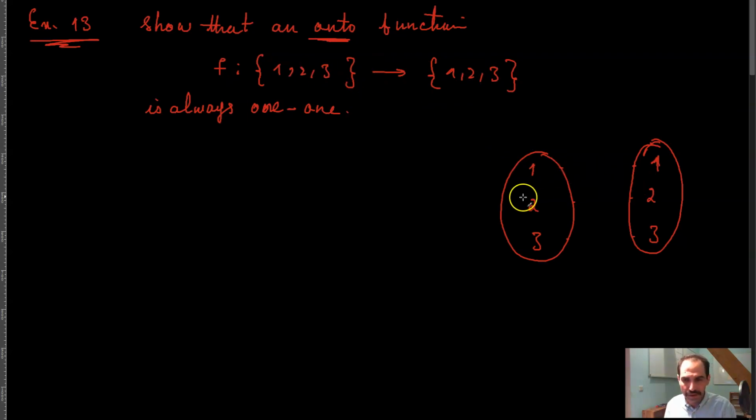We don't know how these elements are related, but we know that it's a function from this set to this set. Since we want to show that the function f is 1-1, we can prove this by contradiction. Proof by contradiction.